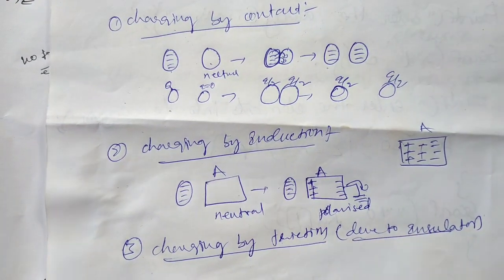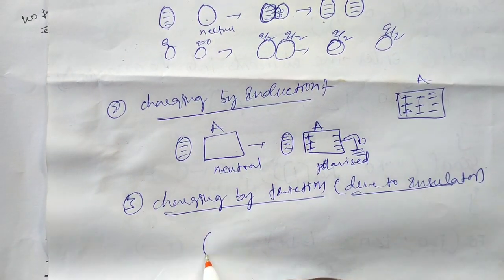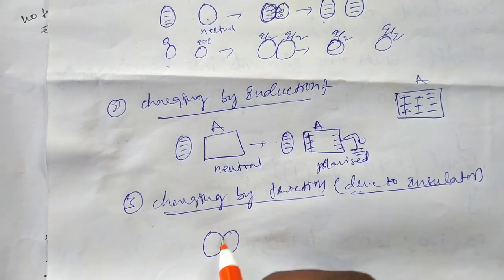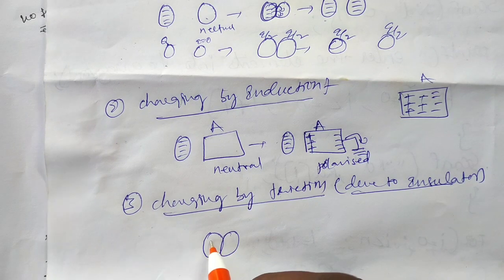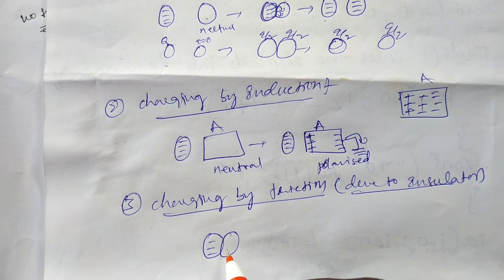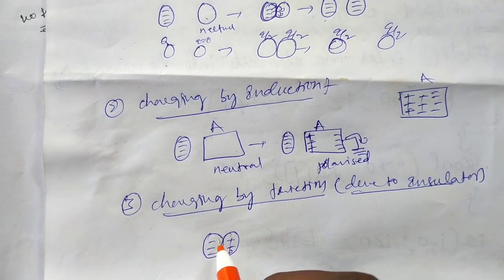Suppose there are two bodies, a comb or plastic rod rubbed with silk and wool. Positive charge carriers are formed in a glass rod. When a plastic rod is rubbed with silk and wool, negative charge carriers are formed.